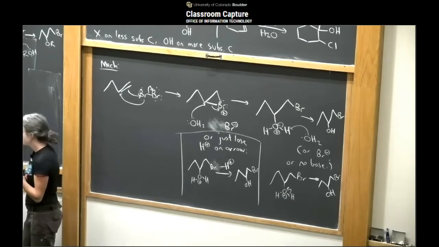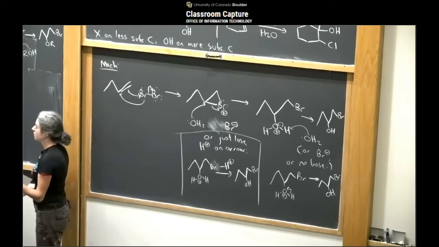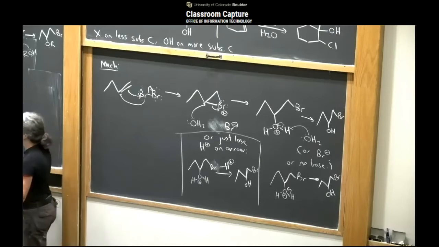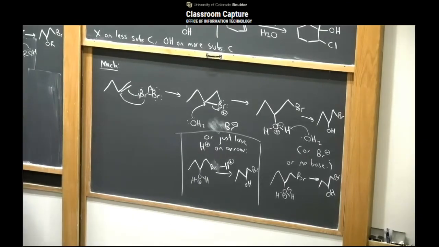Okay, so at this point, this is where water or whatever ROH molecule might come along and get involved, or my halide, if that's all I have going. But in this case, the OH is already right there, tethered to the molecule, ready to react.